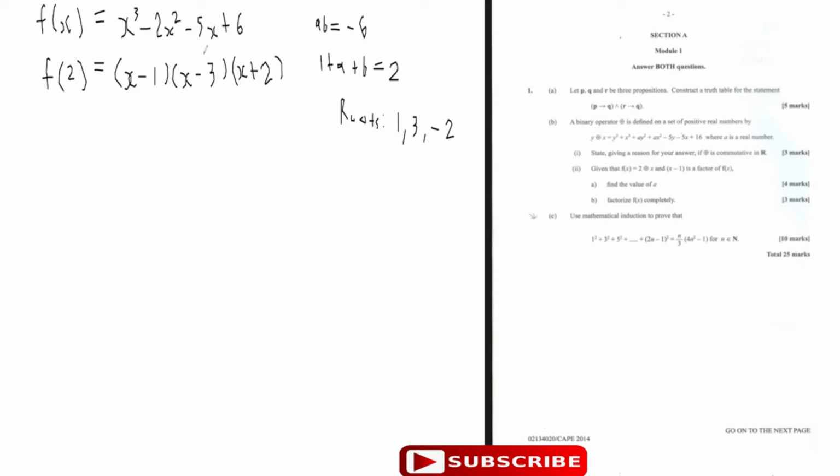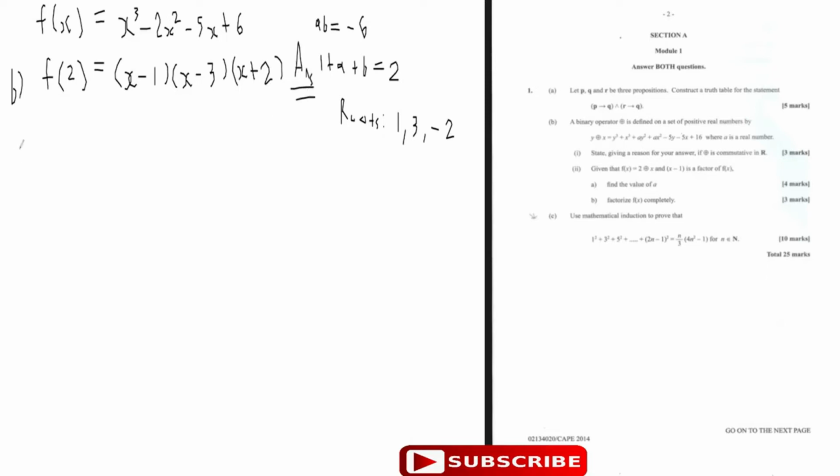So not all the time you need to be doing polynomial division, right? Just use sums and products of roots. So that takes care of part B. Why do you want to be factorizing all the time with polynomial division?